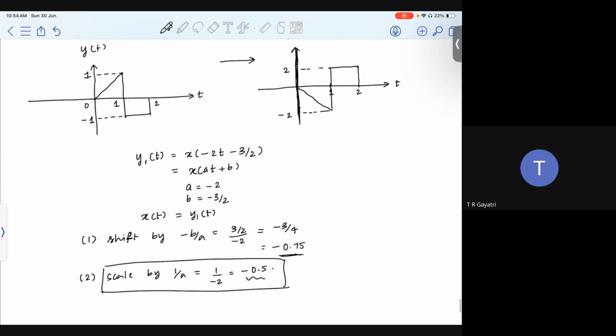Reflection in the sense, see, now the signal is x of minus 2t minus 3 by 2. So we write it as x of minus of 2t plus 3 by 2, that is, minus x of minus, brackets, 2t plus 3 by 2.